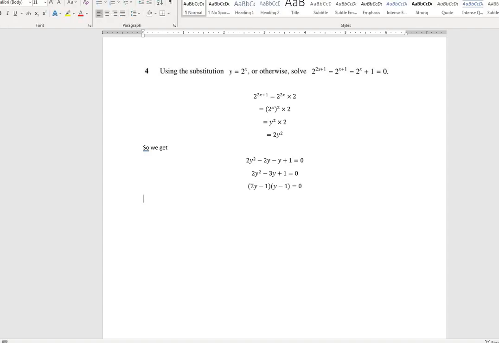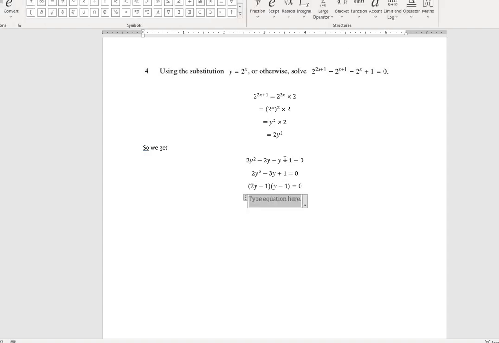So you solve this, you get 2y minus 1 equal to 0, and you get y minus 1 equal to 0.